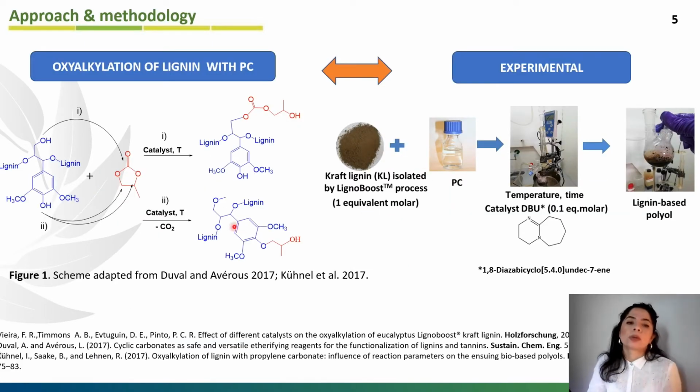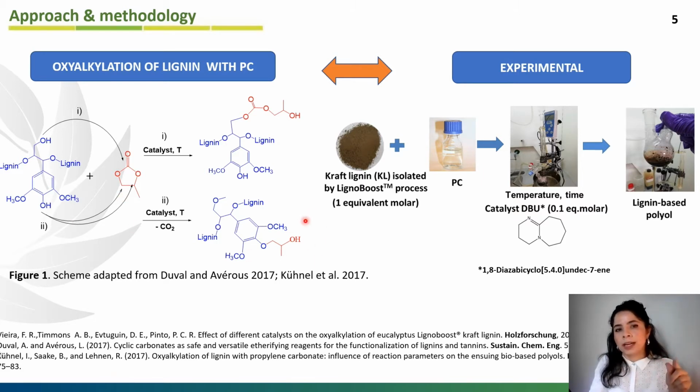First of all, I want to show how the oxyalkylation of lignin with PC works. Basically, lignin has hydroxyl groups, phenolic and aliphatic ones, that can be converted into oxyalkylated groups. For example, aliphatic ones can react with the PC, leading to carbonate linkage, while phenolic ones can react with PC, leading to polyether polyols.